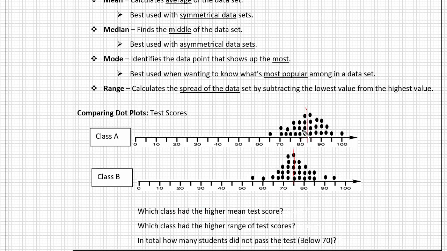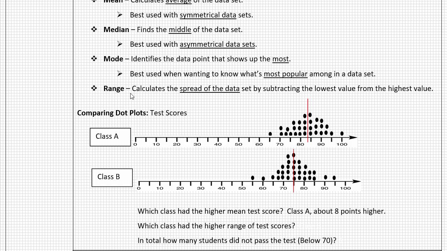So even without being able to calculate it, from the shape of our dot plots we can infer about where the mean would be for each class. So for this first question, which class had the higher mean test score? I would say Class A, and I could even infer that it's about 8 points higher. Which class had the higher range of test scores?